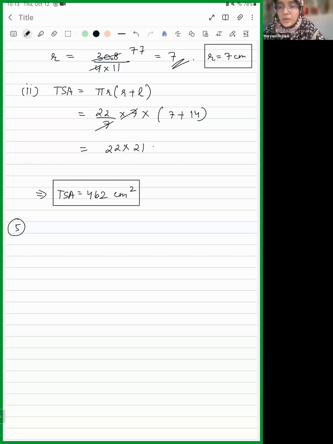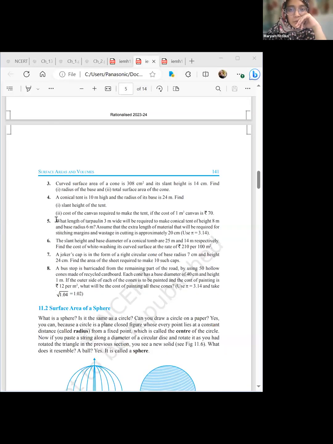Can you all see the question in your textbook, or should I share my screen? Can you see this fifth question? Yes.